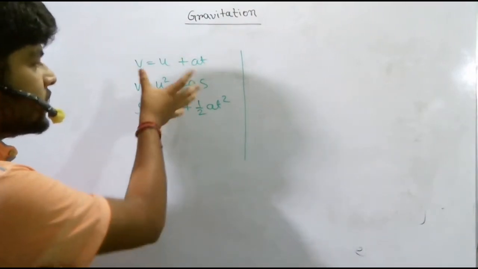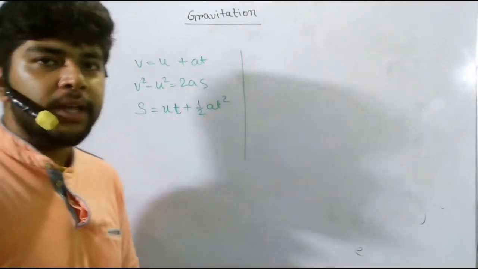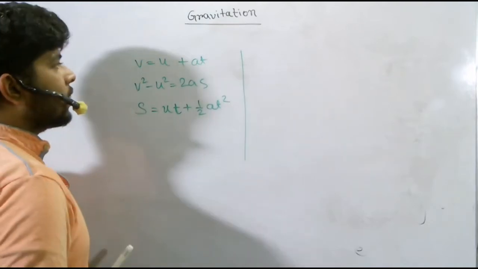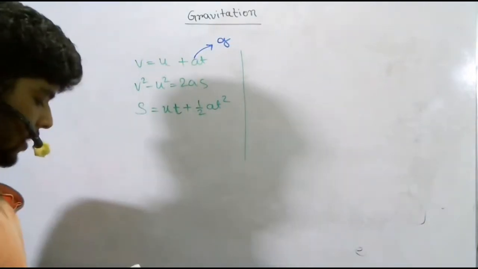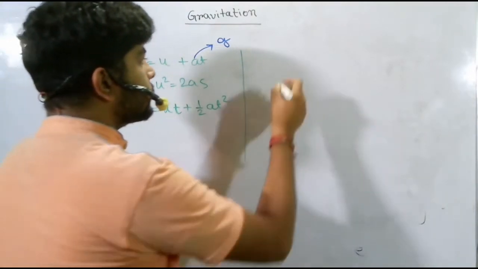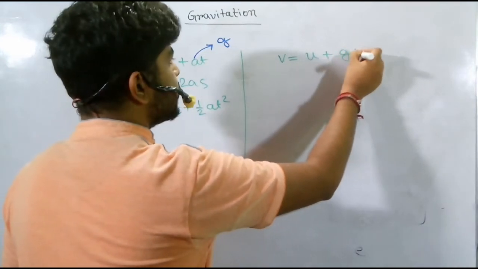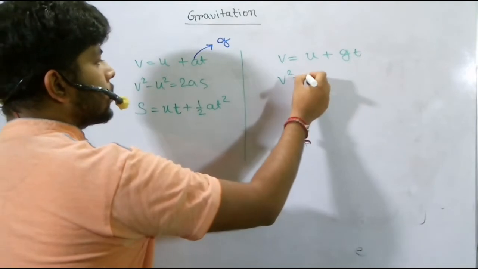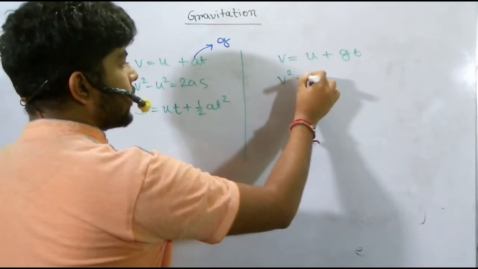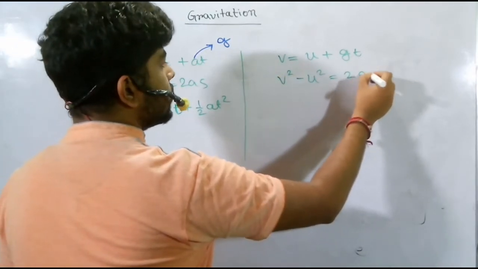So what will these equations of motion be in terms of gravity, when the acceleration of gravity comes in? Obviously A will change to G. So the equation of motion will be V equals U plus GT, and V square minus U square equals 2G.